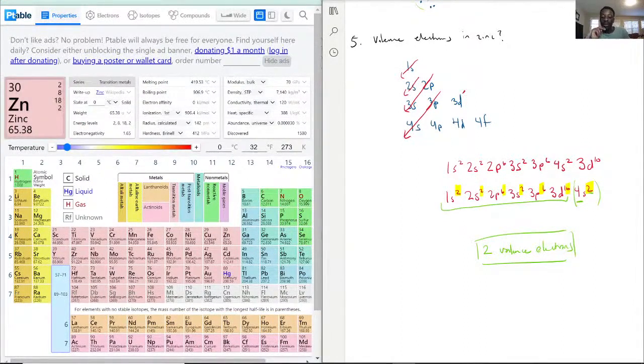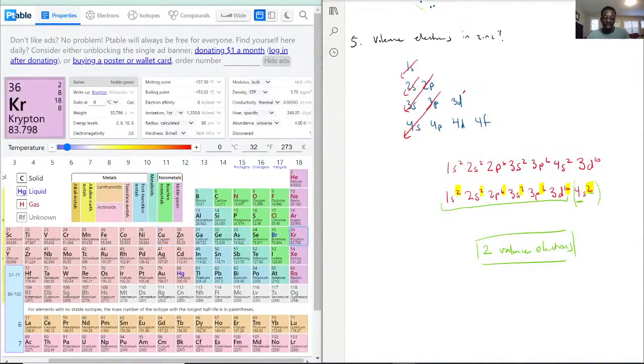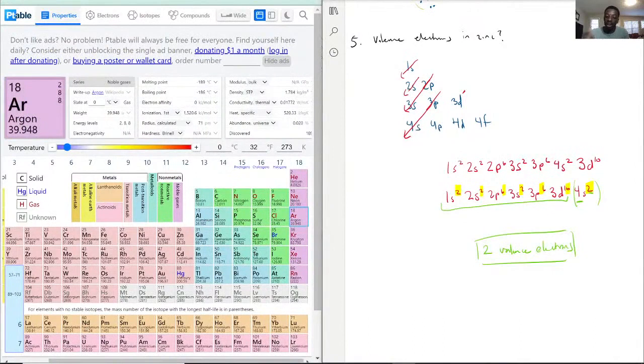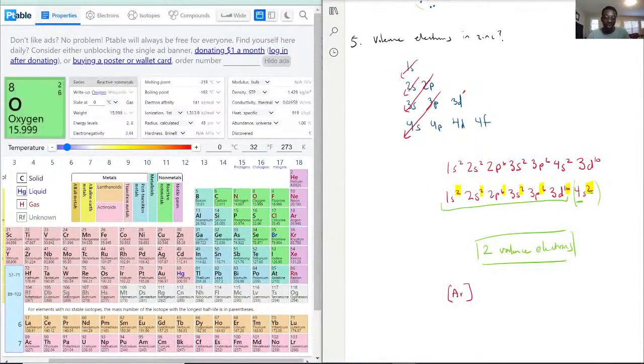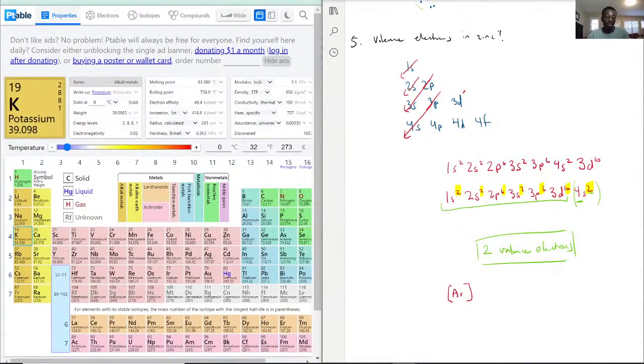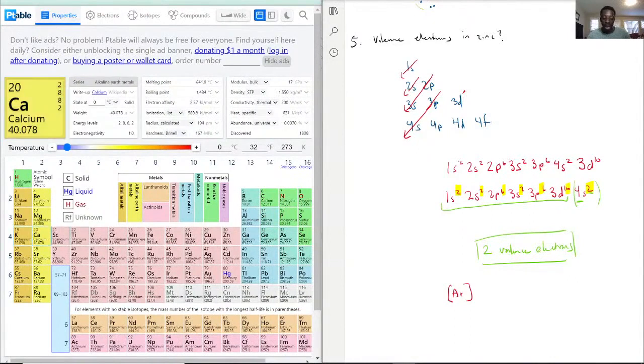Just to be able to write this more easily, because as you get further down the periodic table it can get quite extensive, I also like to look at the most previous noble gas, which is argon. We can start from there, and we just hop right into our 4s2 and the 3d10.